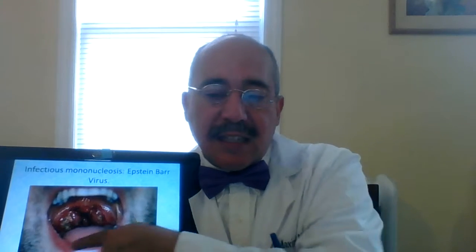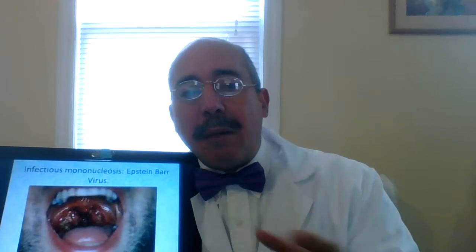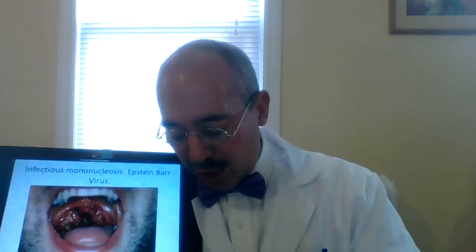This is taken from the internet, courtesy of the gentleman who produced the picture. So the internet picture of Epstein-Barr virus shows how thick and severe they can look. Look at the exudate, the tonsils, the whole clinical picture.